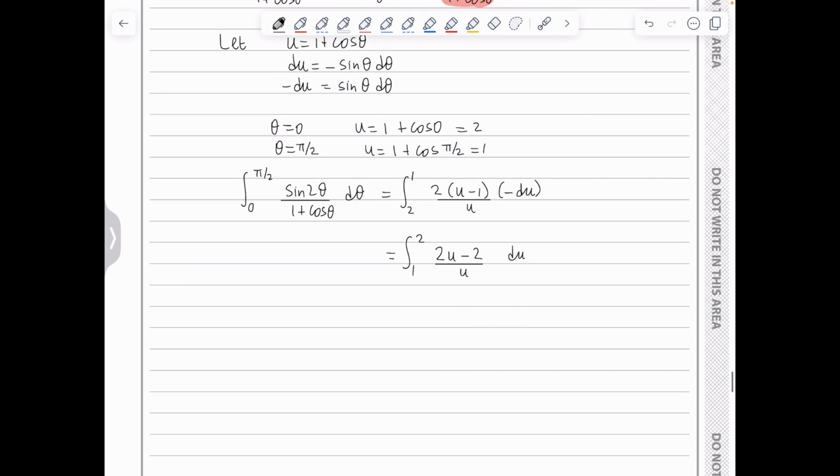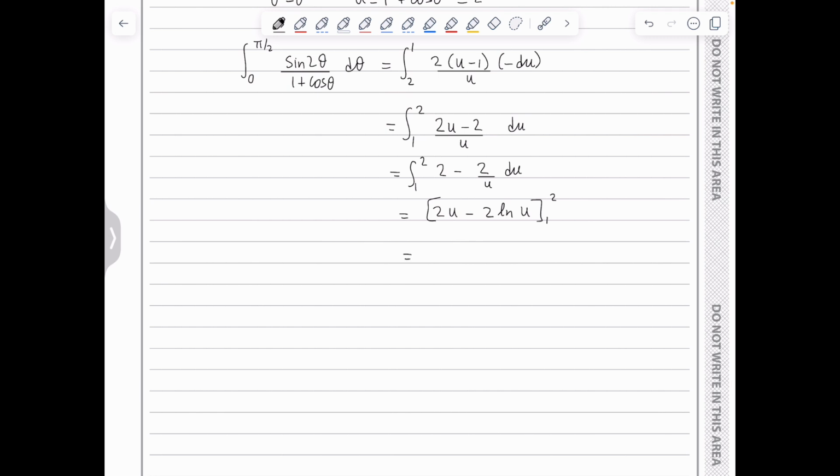This can be written as the integral from 1 to 2 of 2 minus 2 over u du, which leads to 2u minus 2 ln u from 1 to 2. I will substitute the limits. The upper limit is 2, so this is 2 times 2 minus 2 ln 2. And then I will deduct the lower limit, 2 times 1 minus 2 ln of 1.